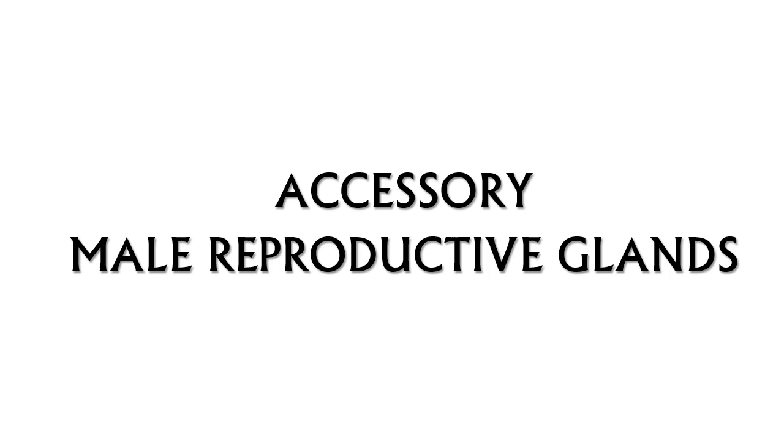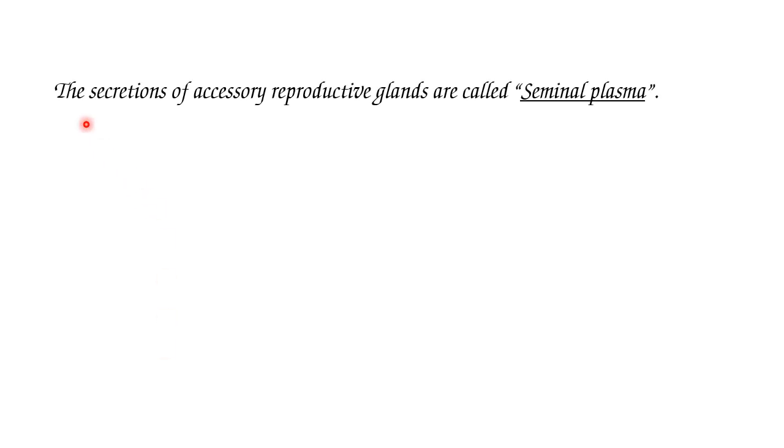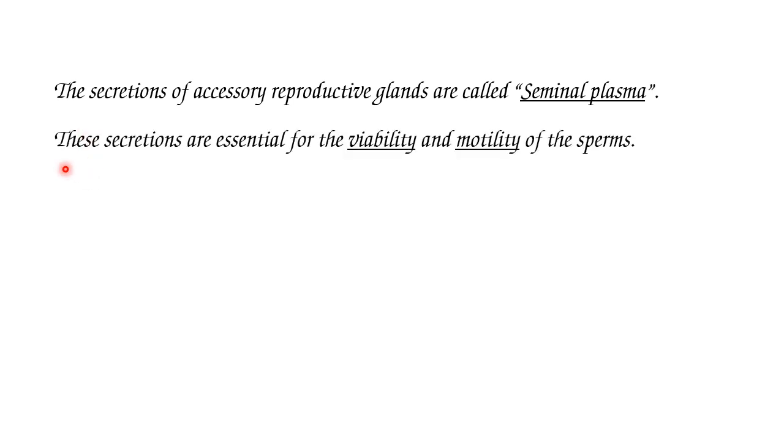Accessory male reproductive glands. The secretion of accessory reproductive glands is called seminal plasma. These secretions are essential for the viability, meaning survival, and motility, meaning movement, of the sperms.